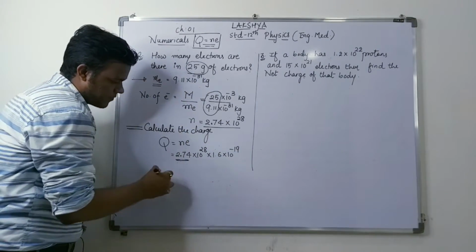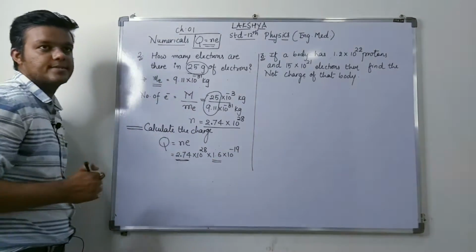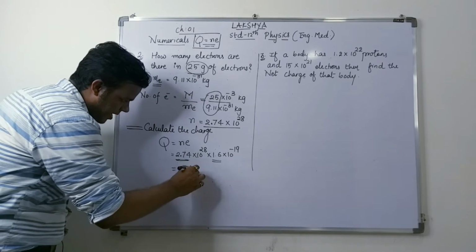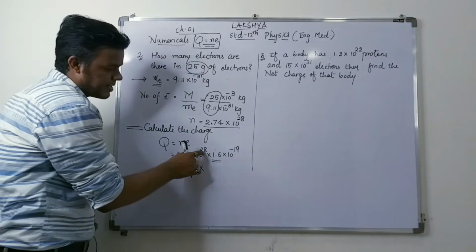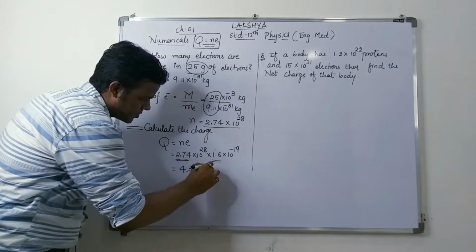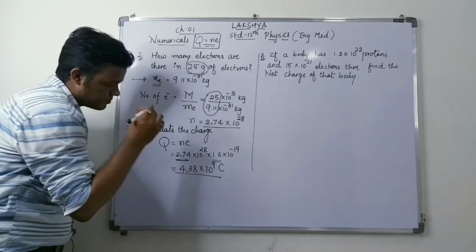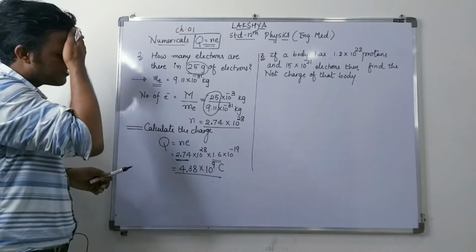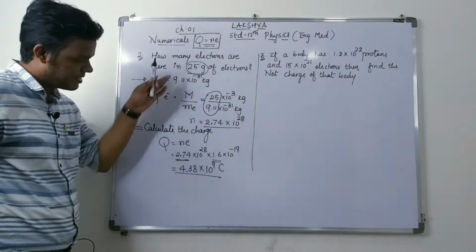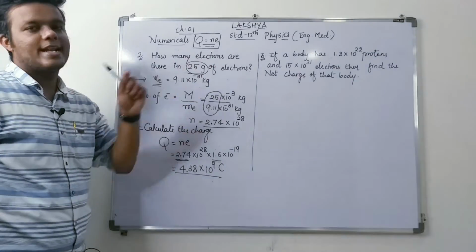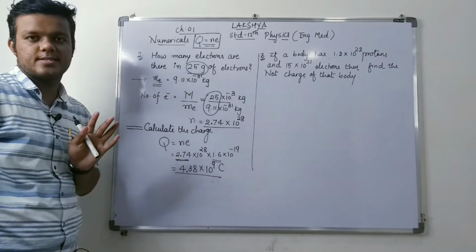So multiplying 2.74 and 1.6 gives 4.38, into 10 raised to 28 minus 19, which is 9, so 10 raised to 9 coulomb. If they have asked to find the charge of 25 gram of electrons, then this will be the answer. If they have asked how many electrons, then the earlier value will be the answer.